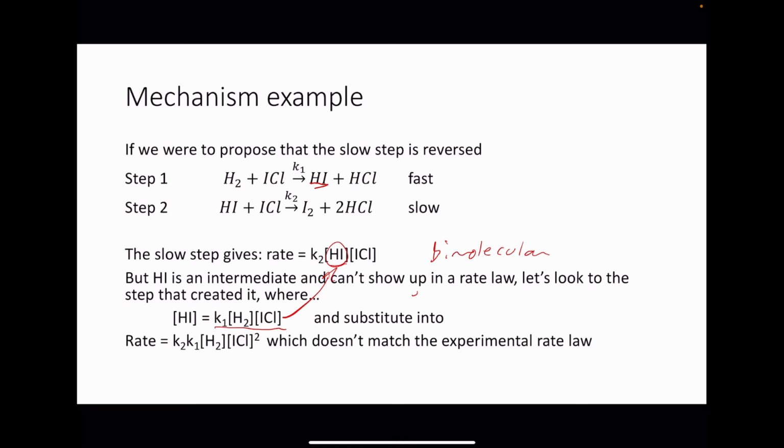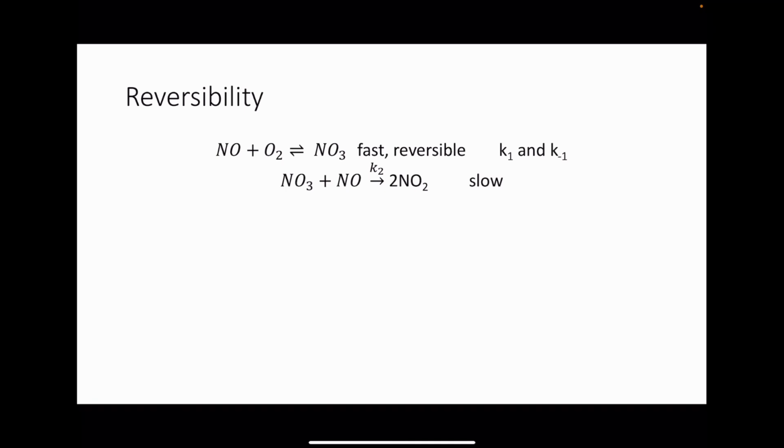The individual rate constants of the steps can combine to be the same as the experimental rate constant. We'd have H2 first order, which matches our experimental rate law, but we'd have ICl as second order, because we've got 2 of them here, so it doesn't match the experimental rate law.